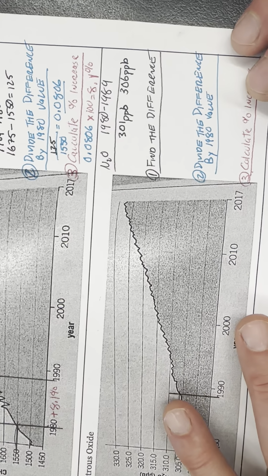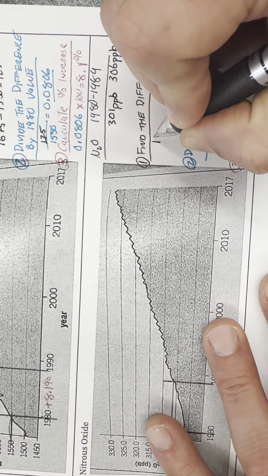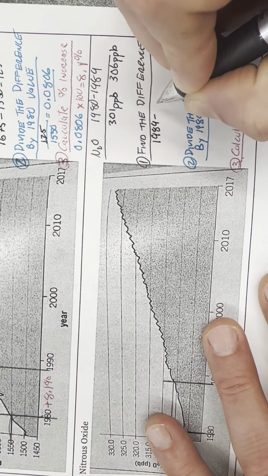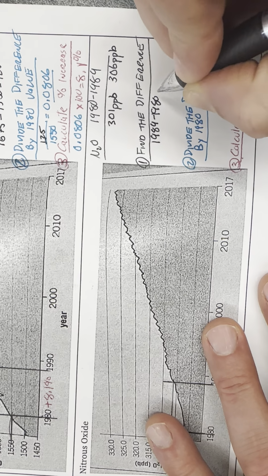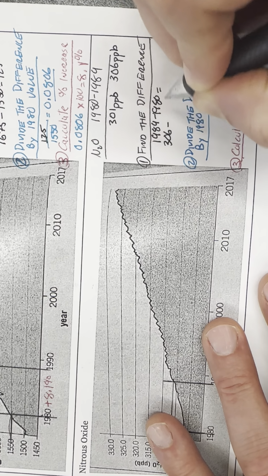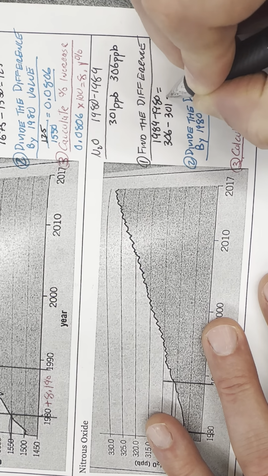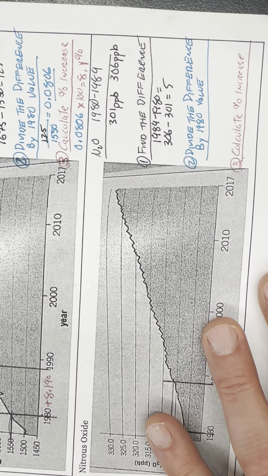Our first step is to find the difference. We're going to take 1989 minus 1980. 1989 is 306, 1980 is 301. When I subtract that out, I get 5.